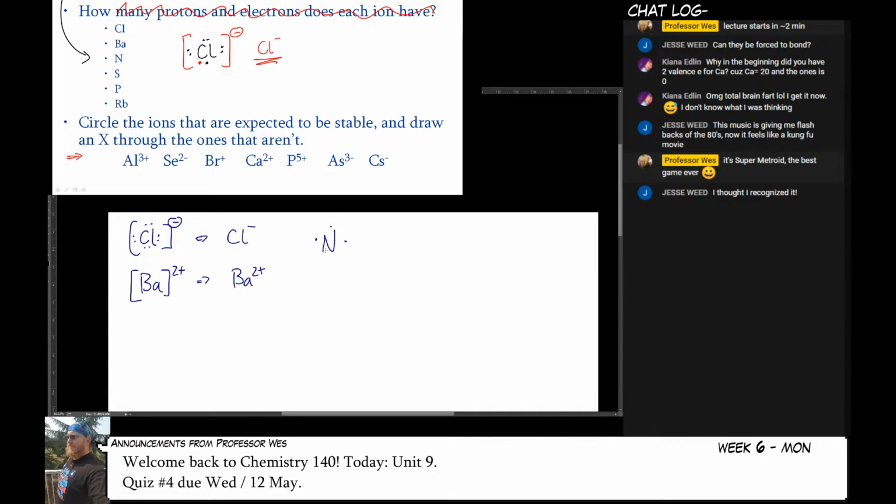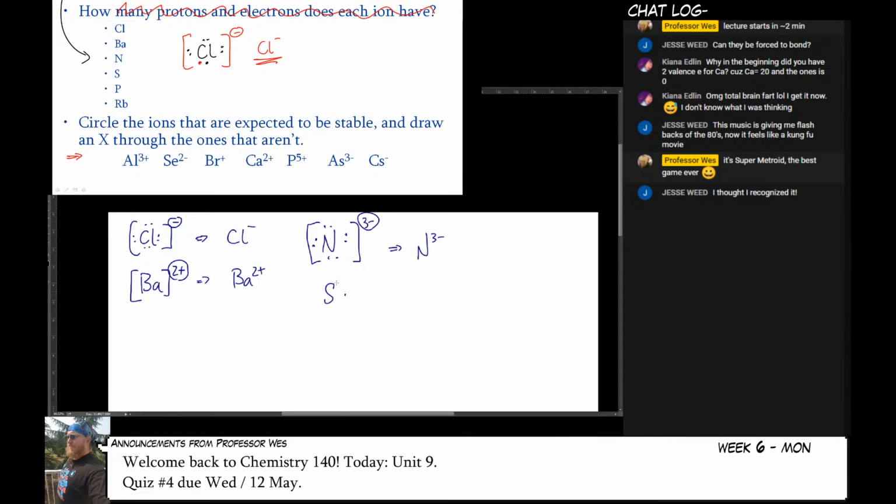Nitrogen has 5 valence electrons, so I need to put in an extra 3 to get to my octet. There you go. I don't always circle these charges. I just circle them so that you're aware, oh, it's a charge. You don't have to.